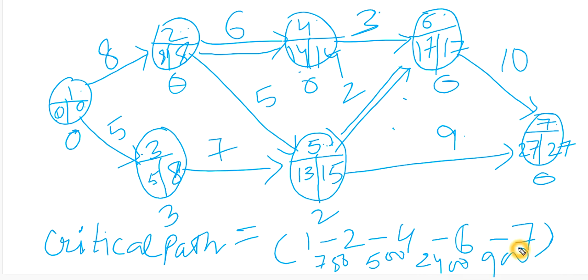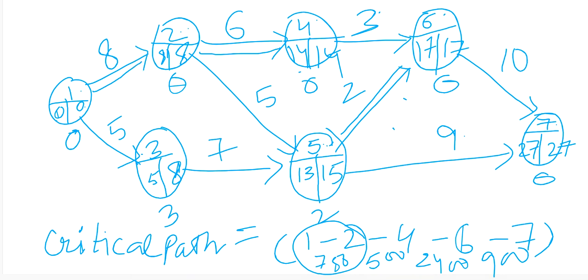So now the minimum cost per week is 2 to 4, which is 500, but this activity we have already crashed, so we'll take the next minimum cost per week, that is 1 to 2. So the next activity I'm going to crash is 1 to 2. So here the double line.